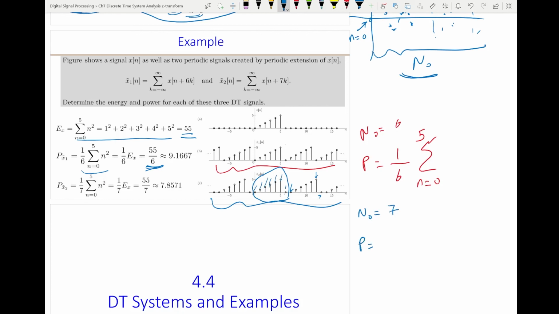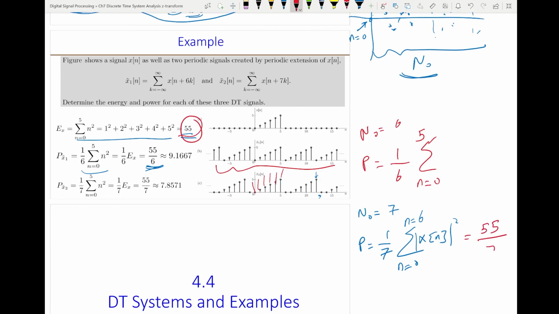So the power will be 1 over 7 times the summation from n equals 0 to 6. So it will be 0 squared plus 1 squared plus 2 squared plus 3 squared plus 4 squared plus 5 squared, which is 55, divided by 7. And that will be the value.